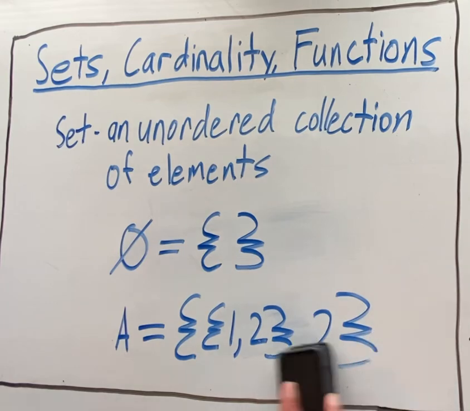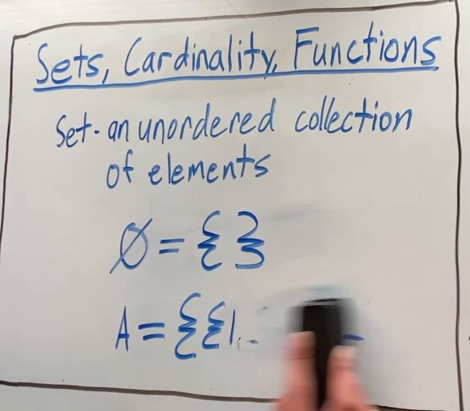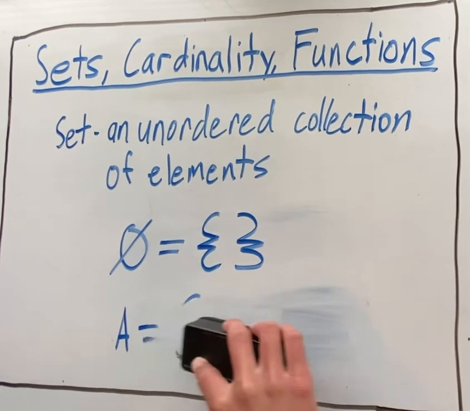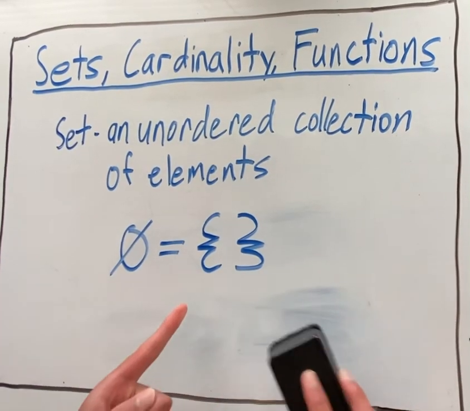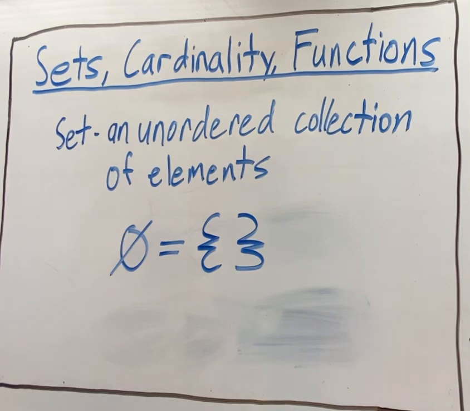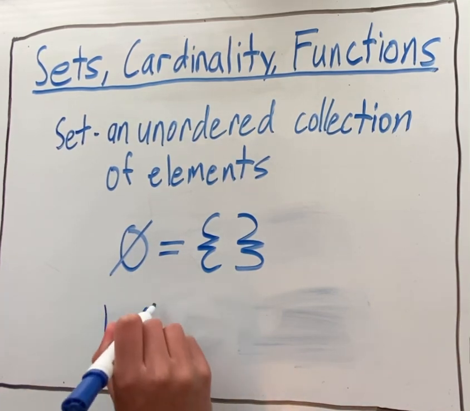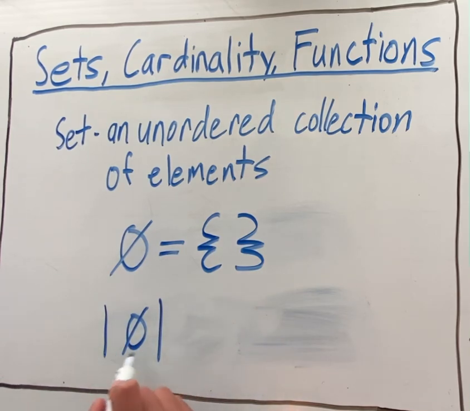So the cardinality of a set is essentially what we just talked about, the number of elements inside of it. So the cardinality of the empty set is 0. That's written like this. You put vertical lines around the set, and so this represents the cardinality of the empty set, and that's 0. It has no elements.